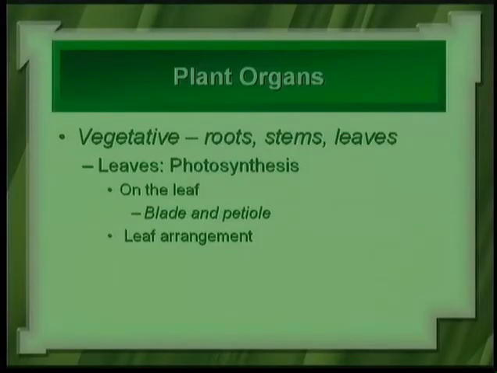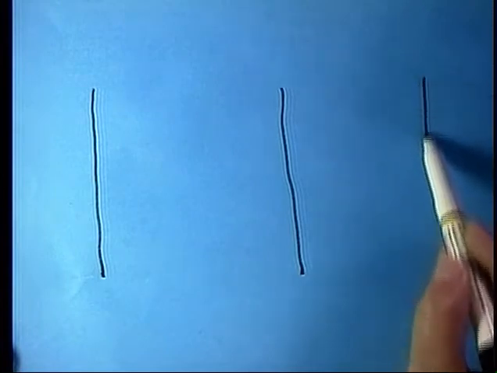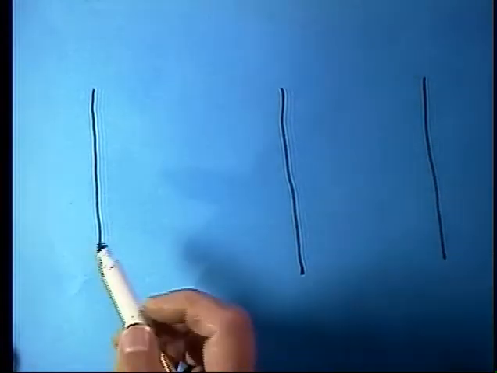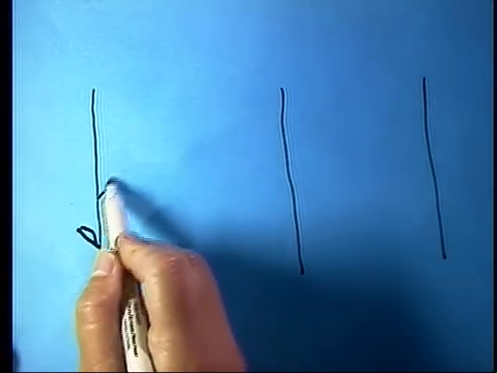Now, leaf arrangement. Leaf arrangement includes several types. Here we'll have an illustration drawn of this, and next time I'll have some examples for you to see. There are three main types of leaf arrangement. If this were a stem, and this were a stem, and this were a stem, three different stems in a line drawing, and you have a stem that has only one leaf coming off from each node.